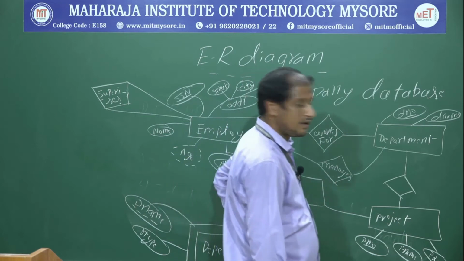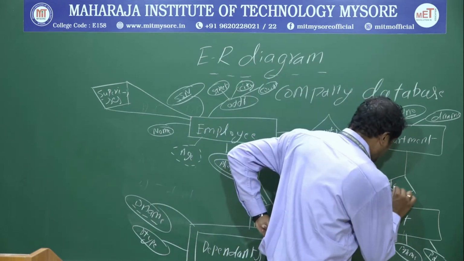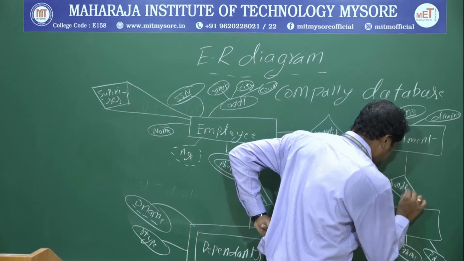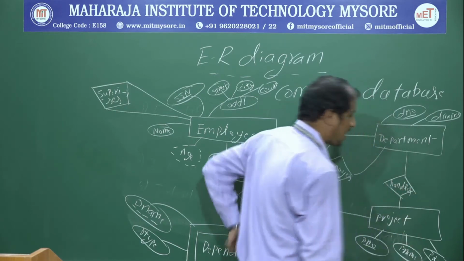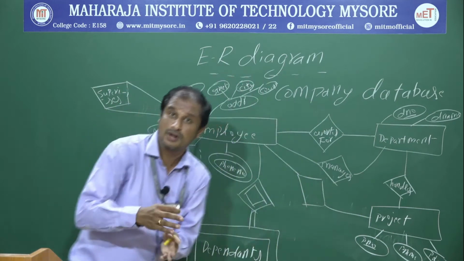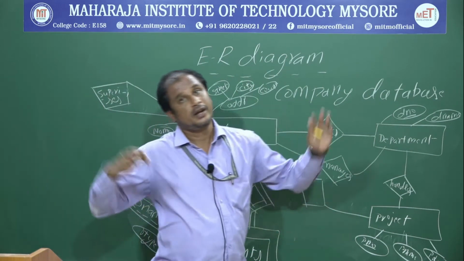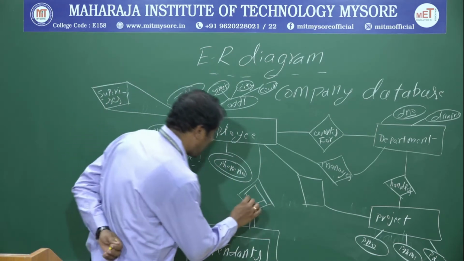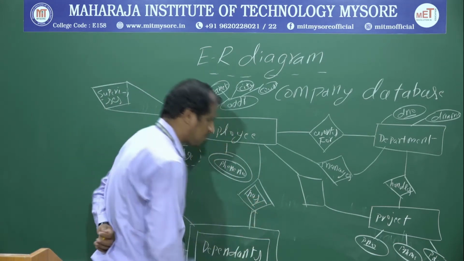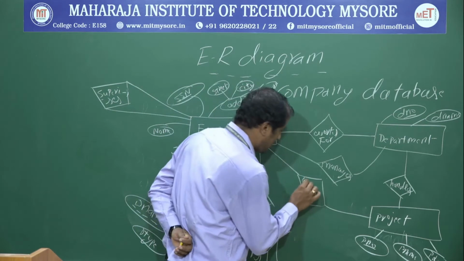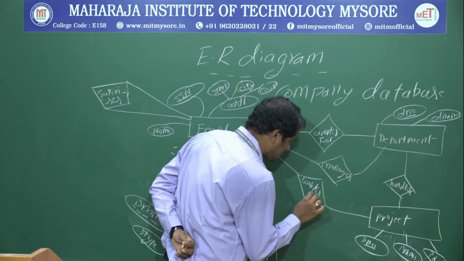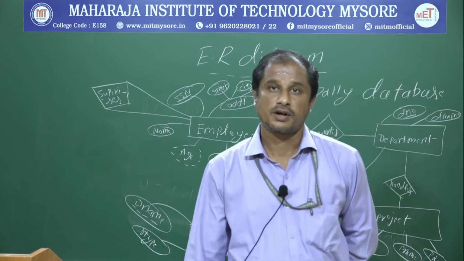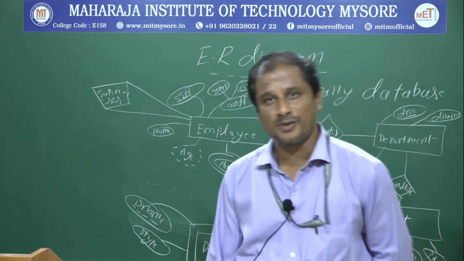Then department handles the project, which is the role that represents the relationship between department and project. Then employee has dependents. Employee works on project.